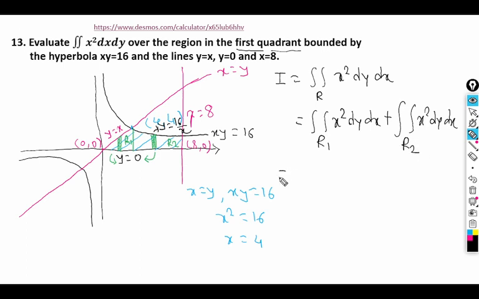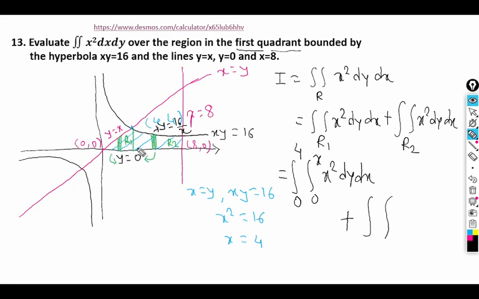Now we have to write the limits on region R1. On region R1, y varies from 0 to x, and the minimum and maximum value of x over region R1 is 0 to 4. So this is the limit on region R1.